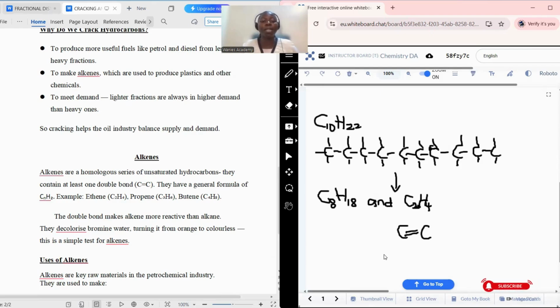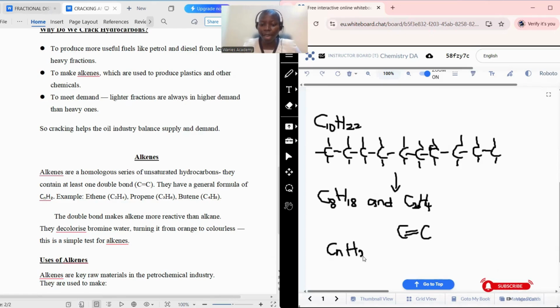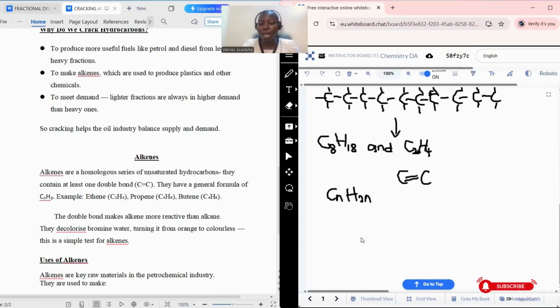So that is why they are unsaturated hydrocarbons. And they have a general formula of CnH2n.